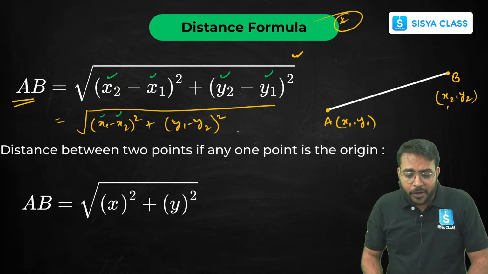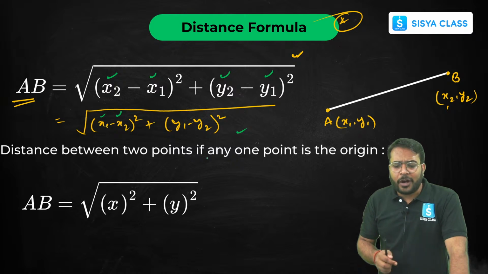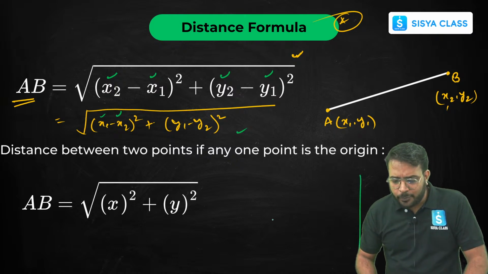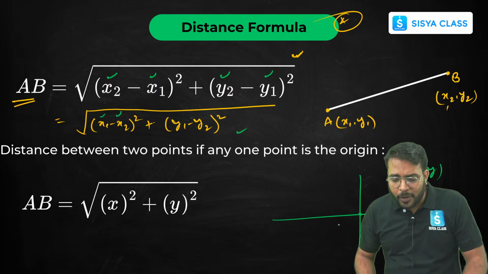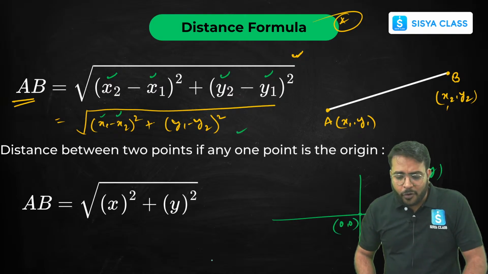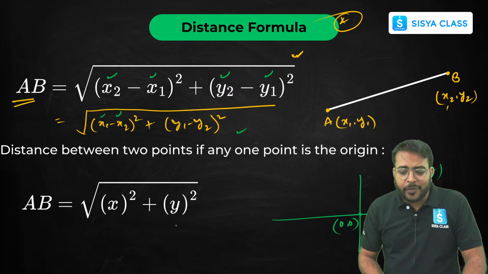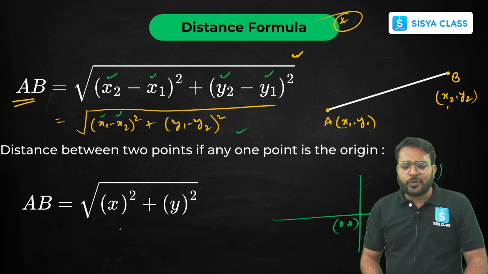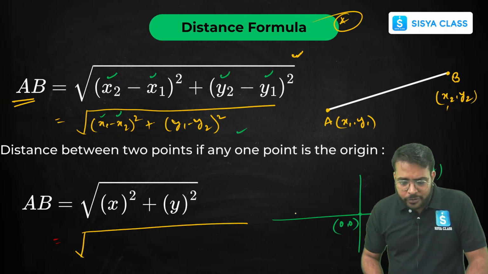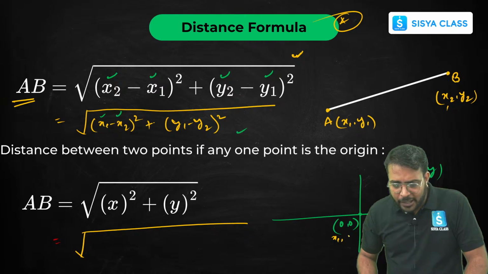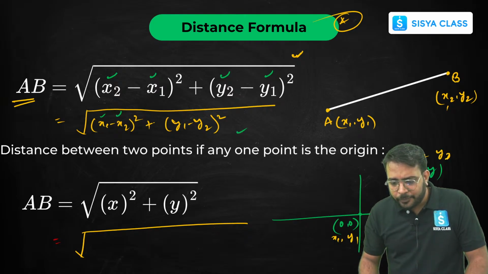Now suppose I have one point, x, y, and I want to find the distance of this point from the origin. Then your distance is going to be, beta, under root of x square plus y square. Sir, how is that? Beta, you just need to substitute here. Suppose this is my x1, y1 and this is my x2, y2.